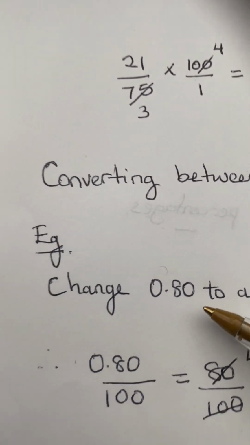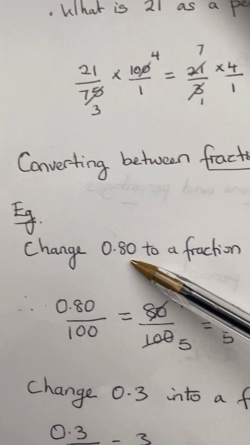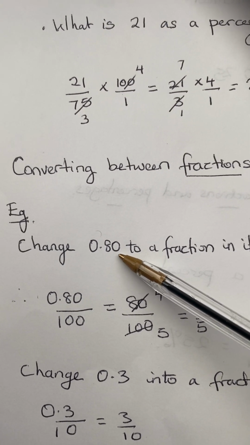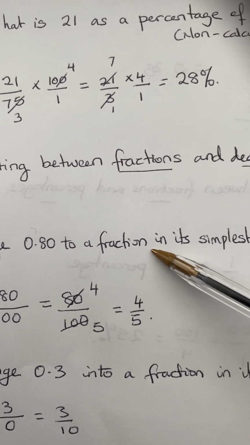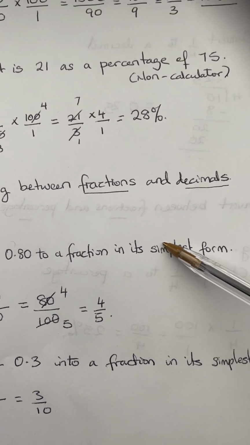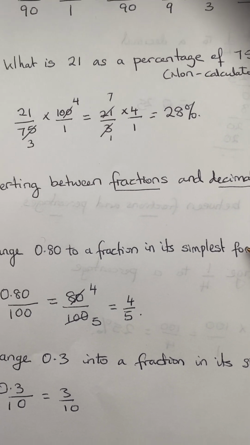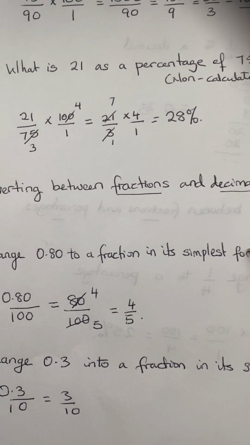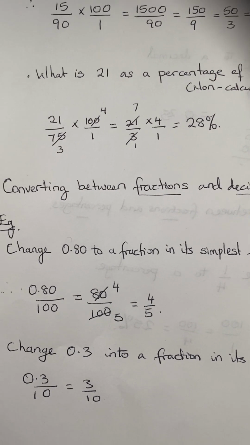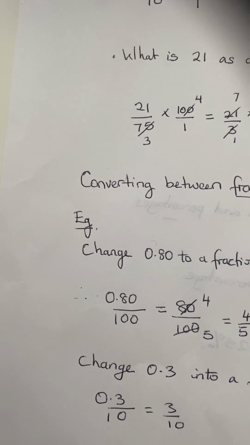So this question is saying change 0.80 to a fraction in its simplest form. What it means is whatever fraction you get, you have to use the factors to get it into the simplest form.